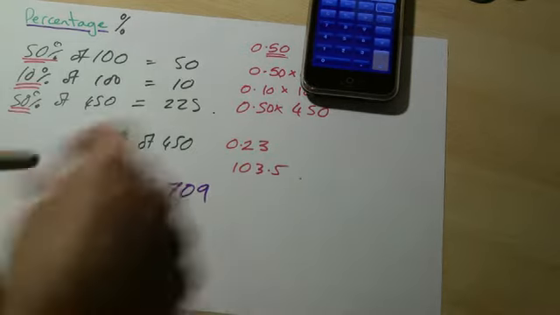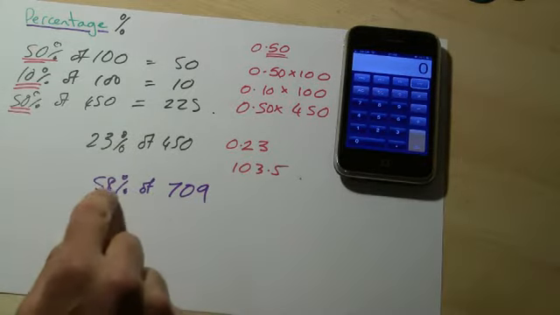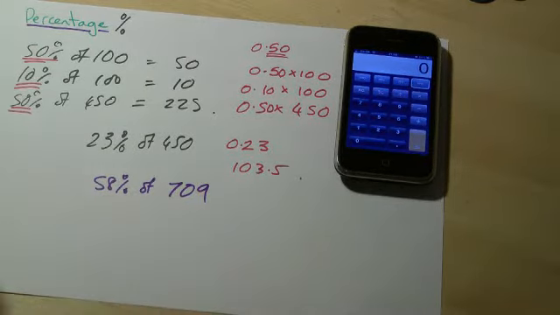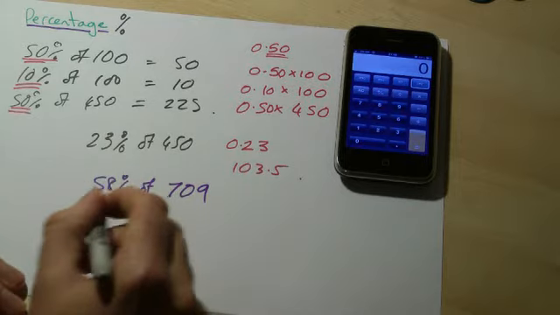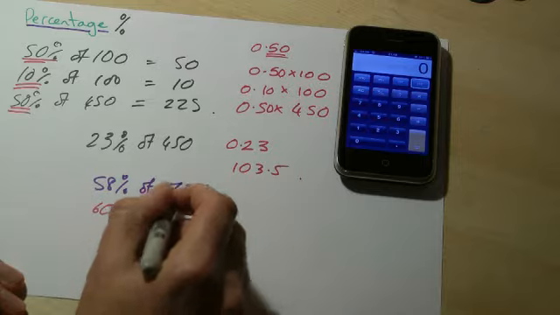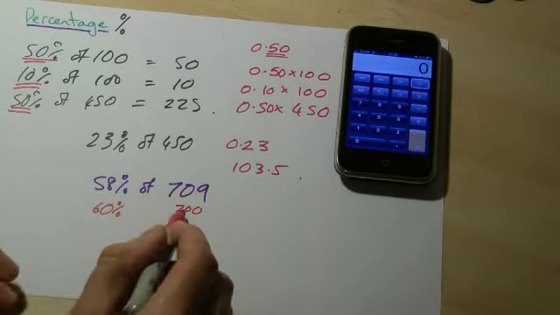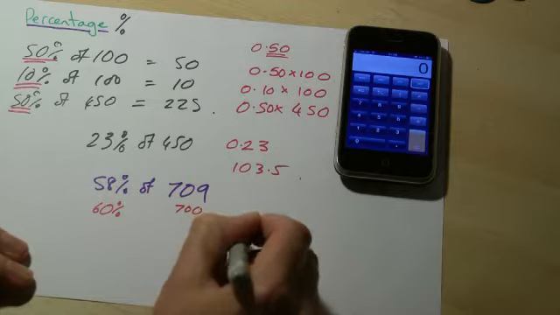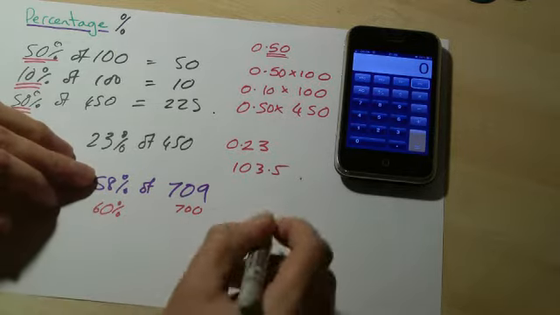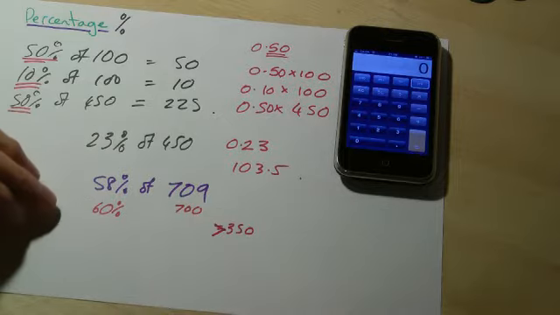No idea what that is, but I'll just go through the process. What I mean by estimating is that number is roughly, well, it's about 60%, isn't it? Roughly 60%. 709, well, let's say that's roughly 700. 50% of 700 would be 350, but I know it's going to be above that, so it's got to be a value that's greater than 350.